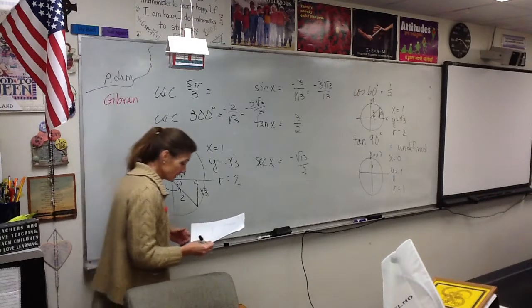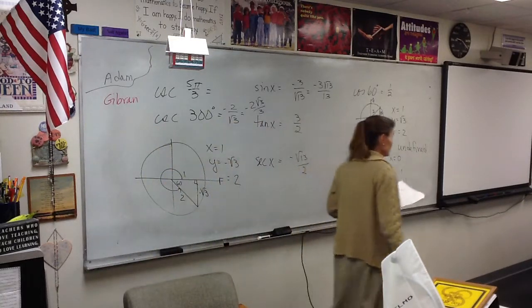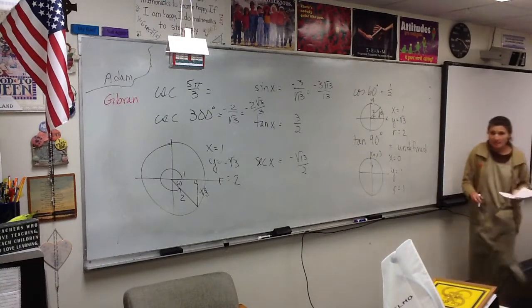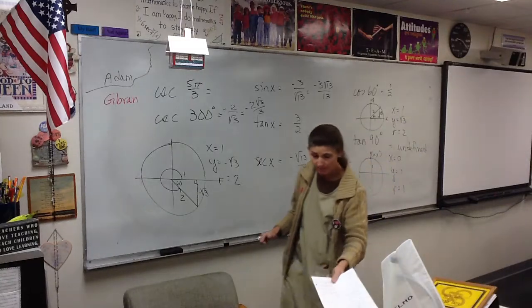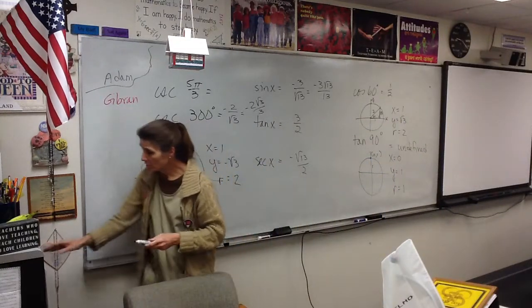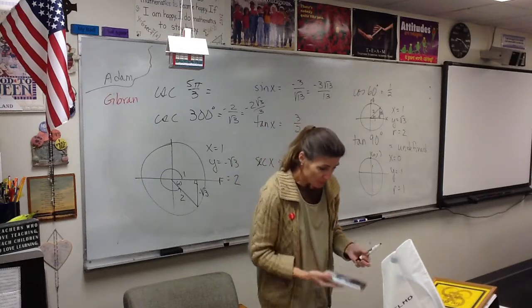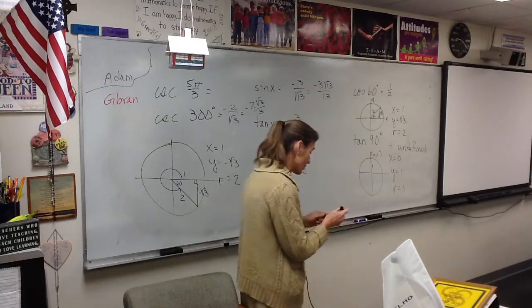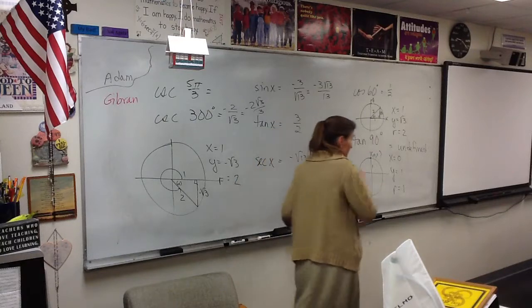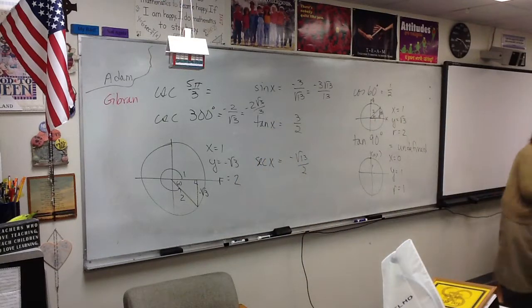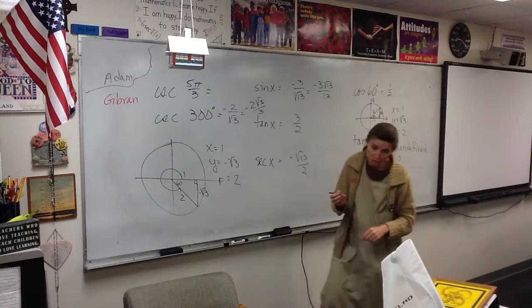All right, let's get our calculators out, and at your tables, would you work through these 5 calculator problems and check them with each other? Then I'm going to work them out too, and we'll see what we come up with. What do you have to pay attention to every time you turn on your calculator? Are we in degrees or radians?